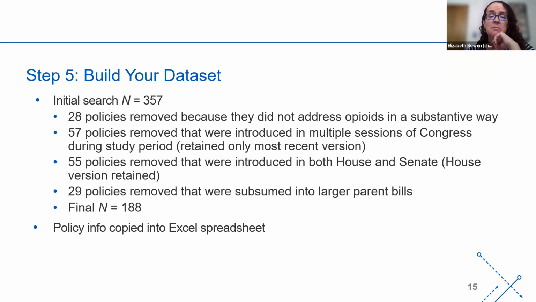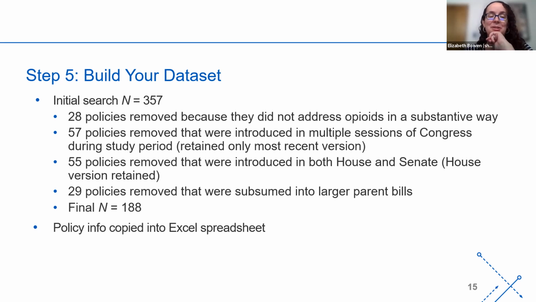They were exactly the same though. And again, got rid of the rest so that we weren't doing duplicate coding. And then lastly, we identified 29 smaller bills that eventually got incorporated into larger parent bills. So in the end, we were actually only looking at 188 different unique policies, not 357.